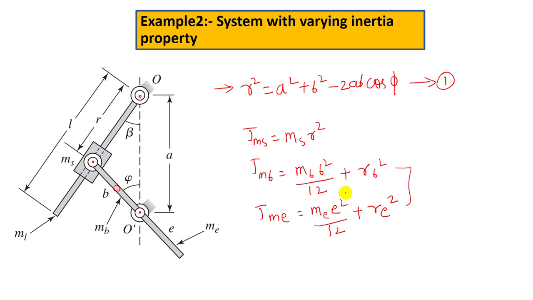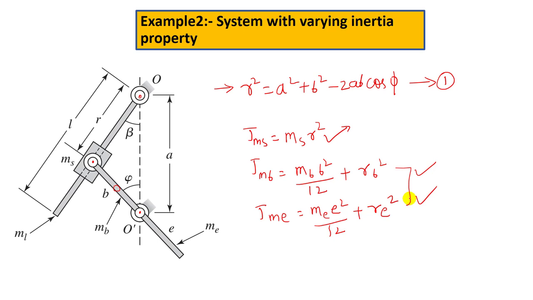Looking at all the equations, J_ms is a function of phi, J_mb is a function of phi, and J_me is a function of phi. So as the phi value changes, it directly affects the polar moment of inertia value, and that will also affect the governing equations that you are going to solve.